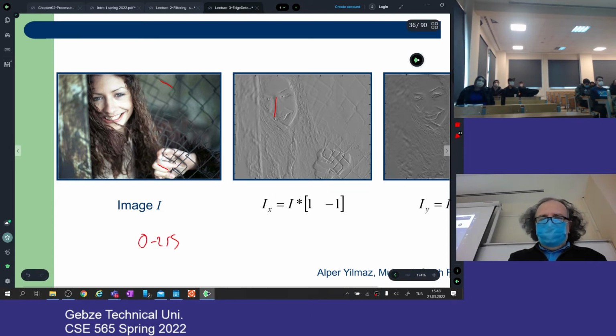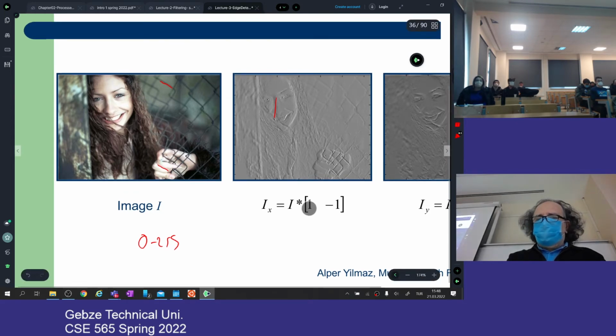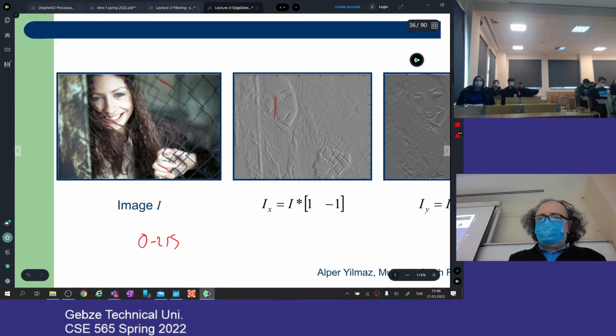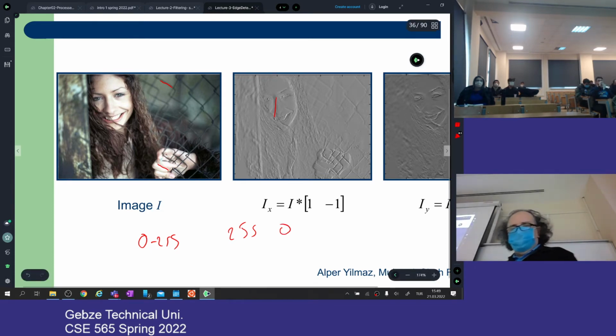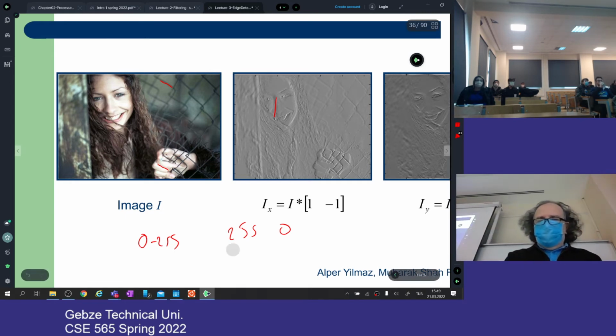If one of them is 255 and the other one is 0, going from 255 to 0 would give plus 255, and from 0 to 255 would give minus 255.